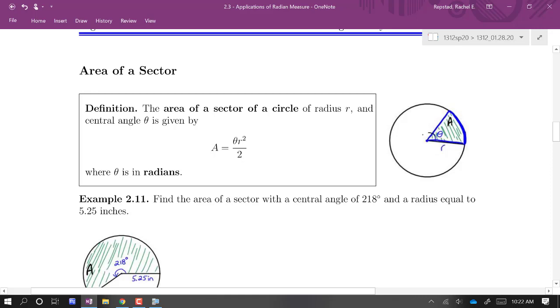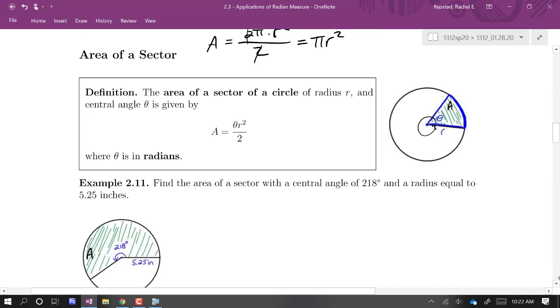If I want this to go all the way around, then the angle is 2 pi radians. So if I use this formula with an angle of 2 pi, this reduces to pi r squared, which is, of course, the area of a whole circle. So the area of a circle is just a special case of this formula for area of a sector.